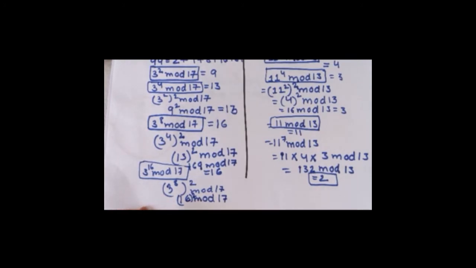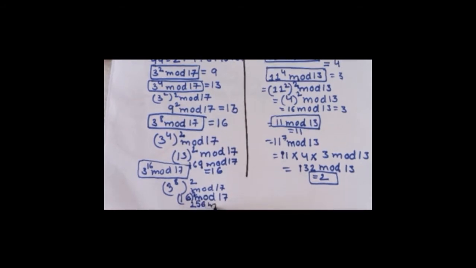This is how you can write this. Any doubt here? So 16 to the power 2 is 256 mod 17. And the answer to 256 mod 17 is, when you divide 256 by 17, you get remainder 1.